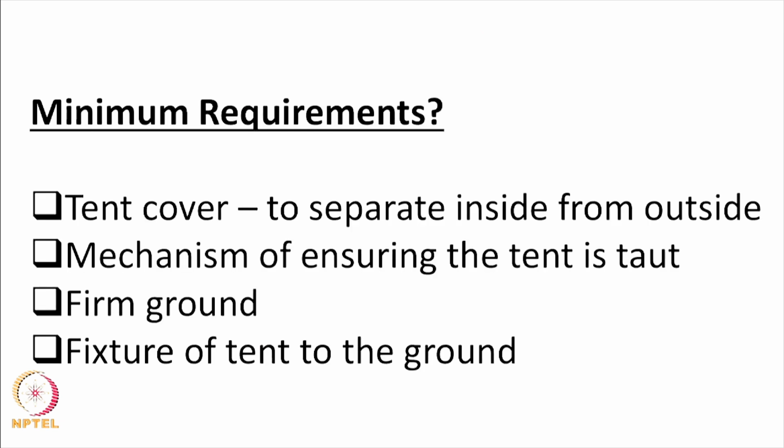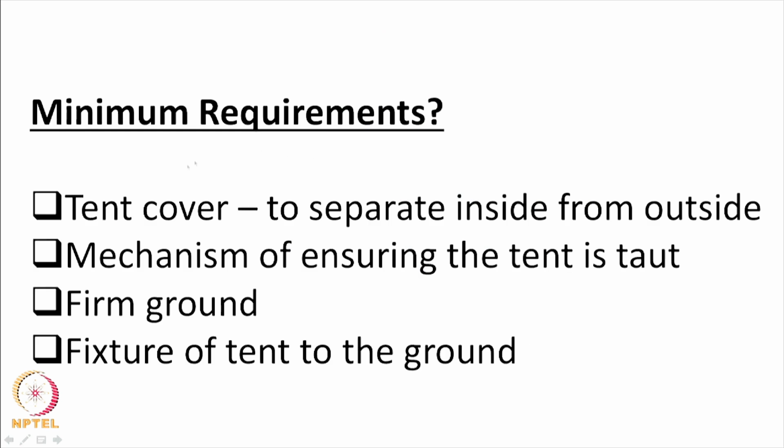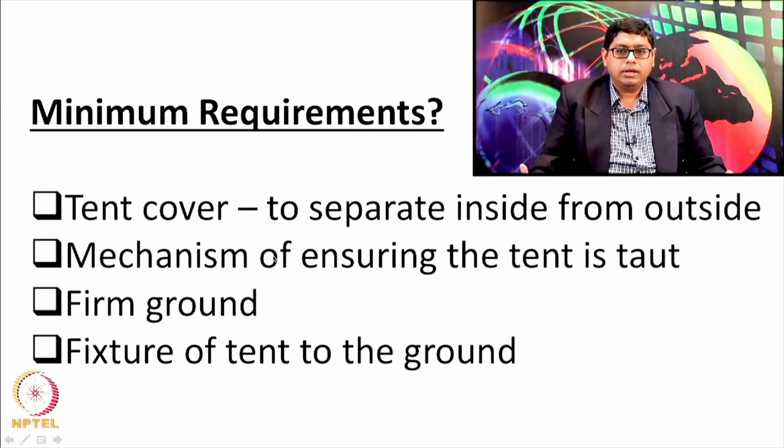You need a tent cover, or canopy, to separate the inside from the outside. You have to have a mechanism of ensuring that the tent is taut. If the tent is not firmly secured to the ground, then if there is a lot of wind, the tent will collapse.